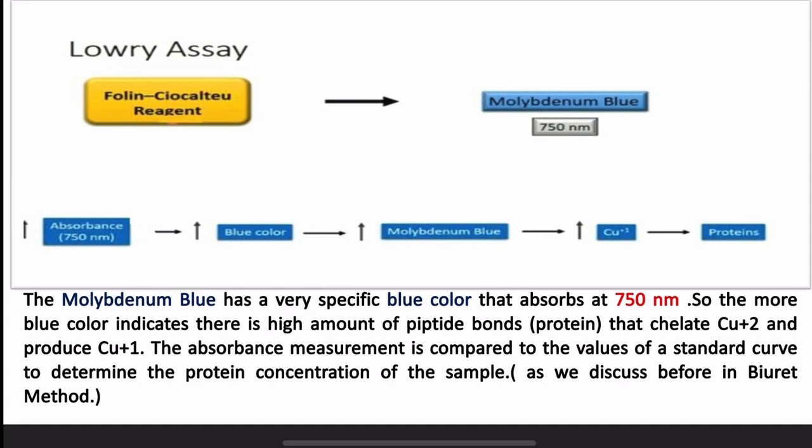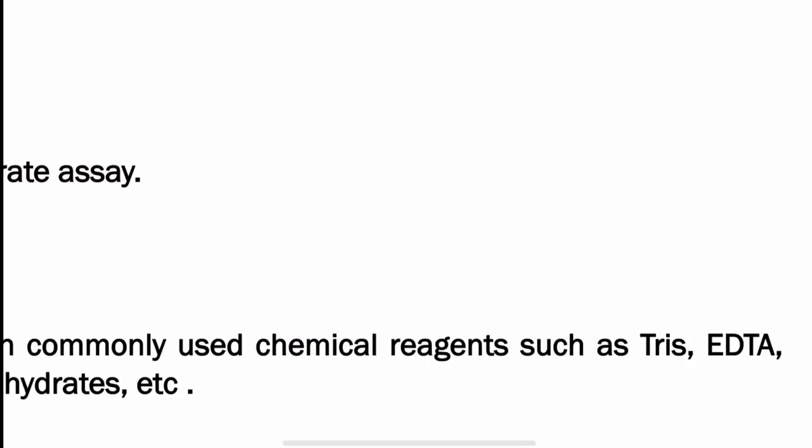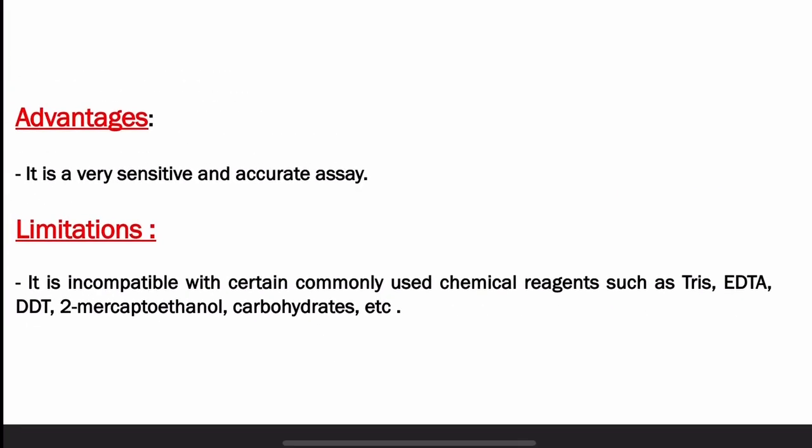So the more blue color indicates there is a high amount of peptide bonds that chelate copper and produce cuprous. The absorbance measurement is compared to the value of a standard curve to determine the protein concentration of the sample. The advantage of this method is that it is a very sensitive and accurate assay, but the limitation is that it is incompatible with certain commonly used chemical reagents such as Tris, EDTA, DTT, and carbohydrates.